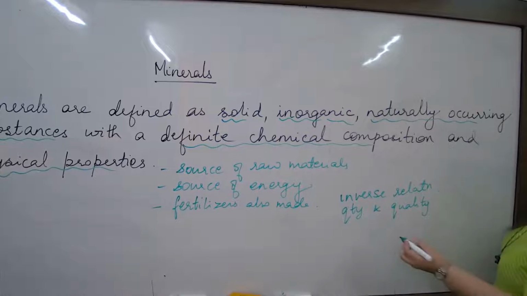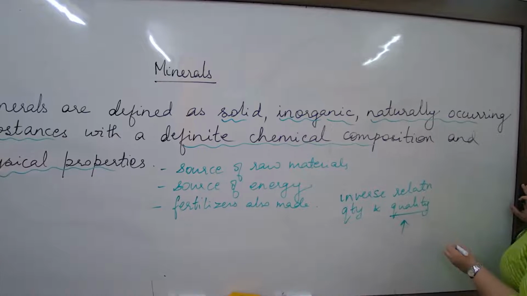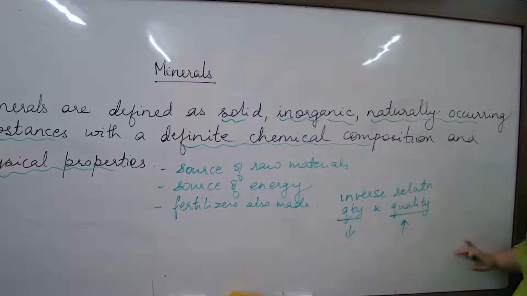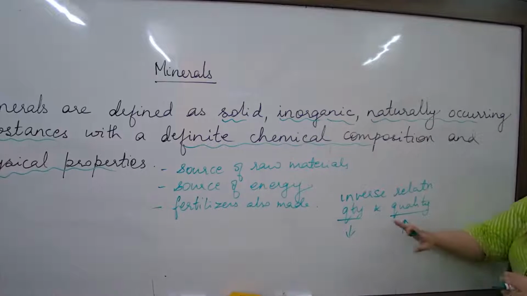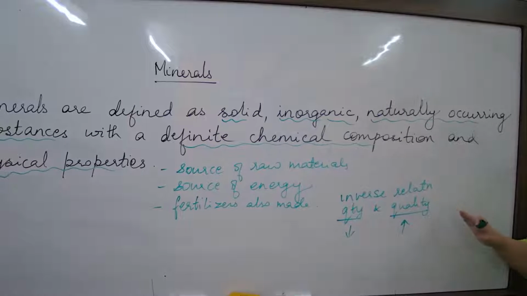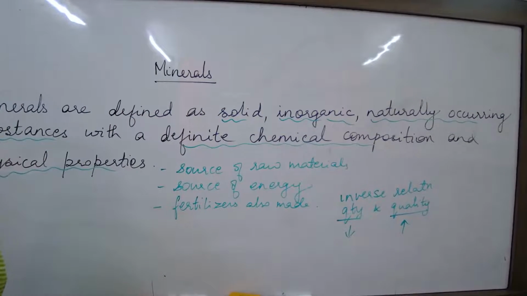So this is like if something is of high quality, that will be found in less quantity. And what you find more, what is more abundant, would be the quality which is not the highest quality. Okay, so that's why we say that there is an inverse relationship between quality and quantity.